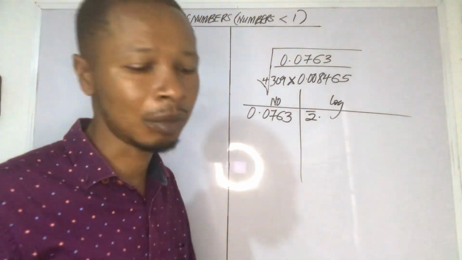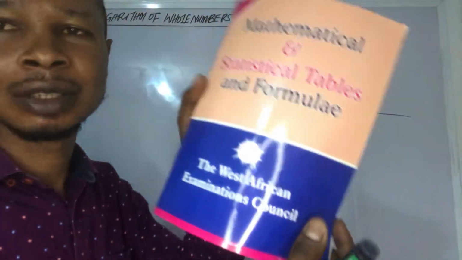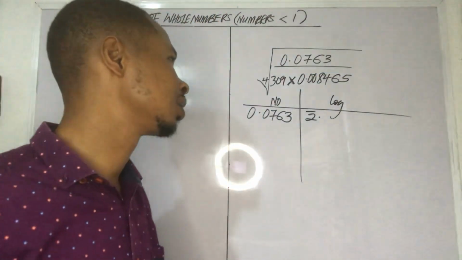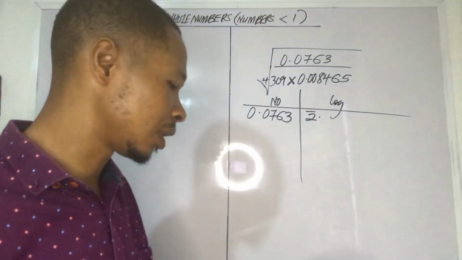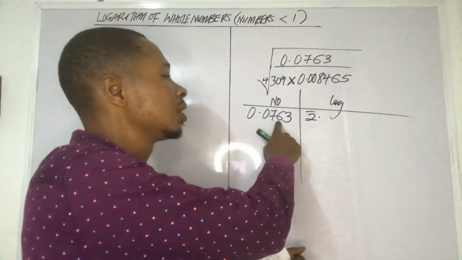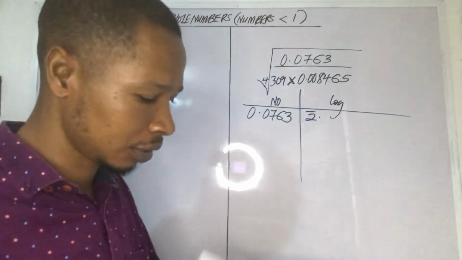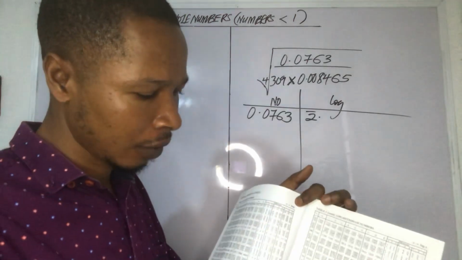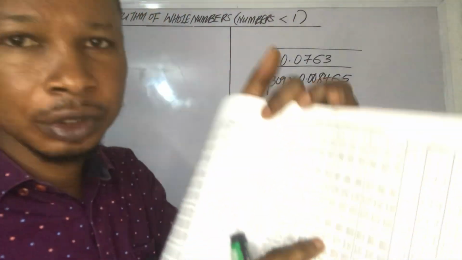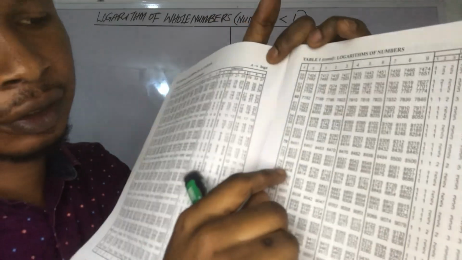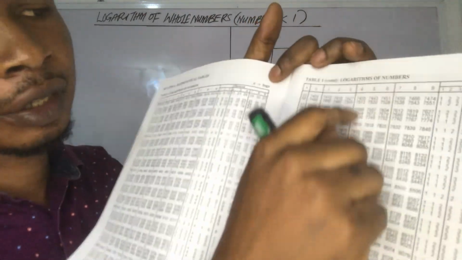By now you should be familiar with the logarithm table, which is this. I'm going to check 76 under 3, no difference. This is 76 and this is under 3.